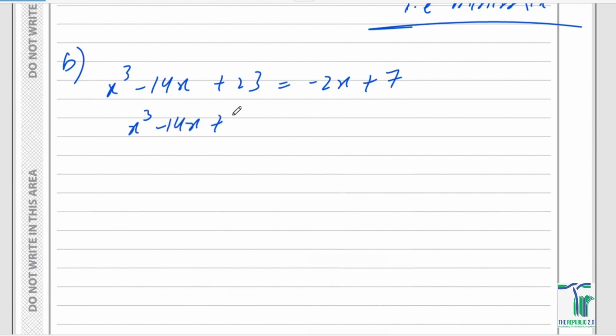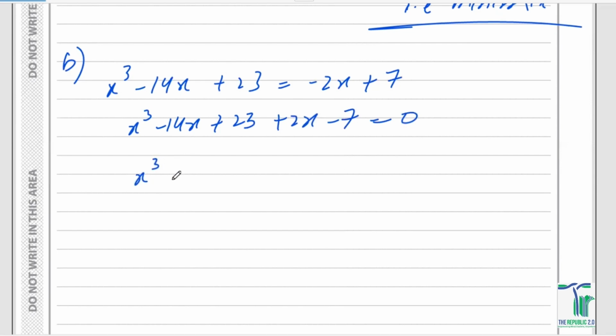So for the B part, I'm just going to equate the two given equations, which were x cubed minus 14x plus 23 equals -2x plus 7. I'm just going to solve it down, and I would have x cubed minus 14x plus 23 plus 2x minus 7 equals 0.